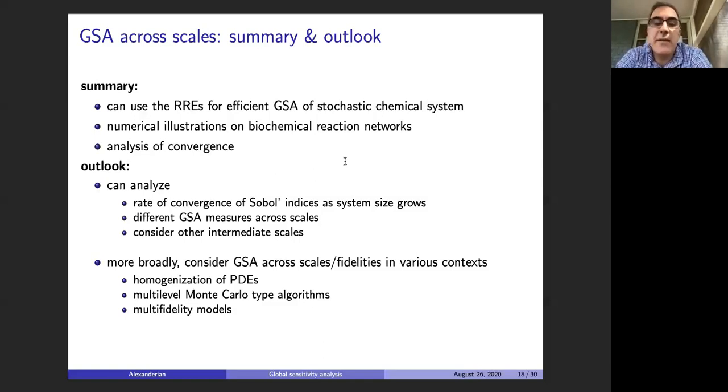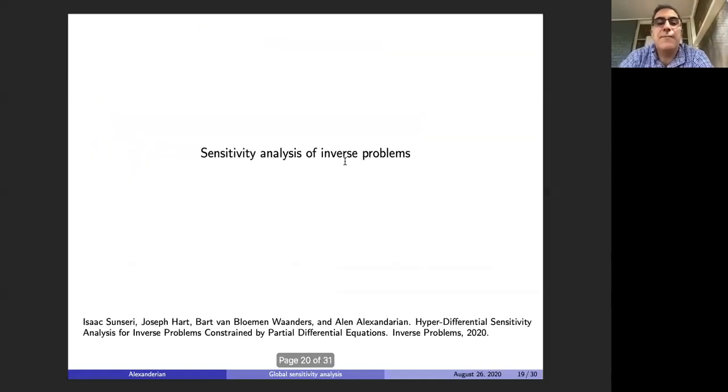And multi-fidelity models: sometimes you define models at different fidelities and you want to see, again, how can I combine information coming from across models with different fidelities to do efficient global sensitivity analysis. So this is the first part of the talk.